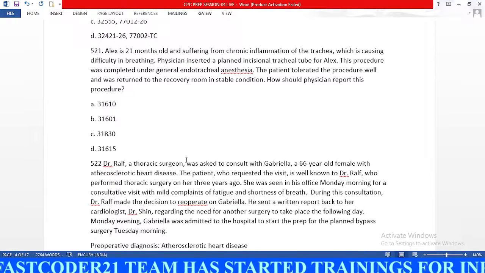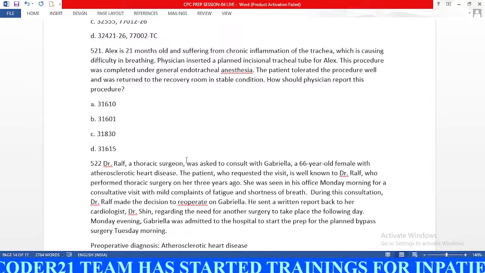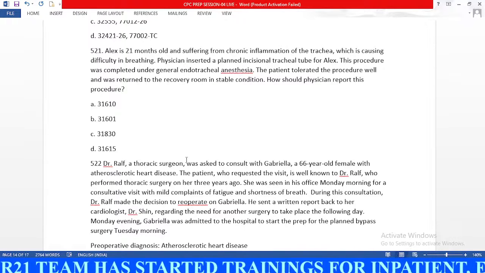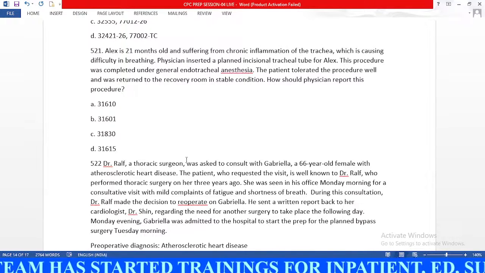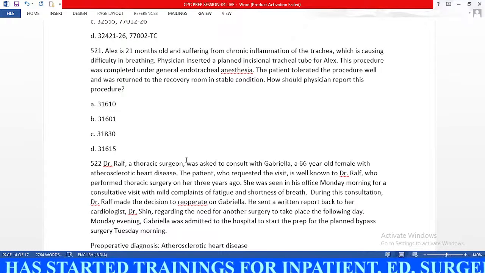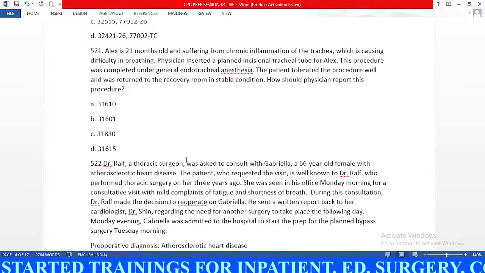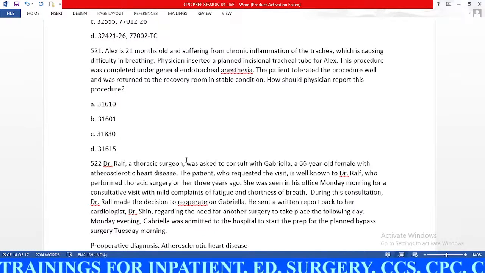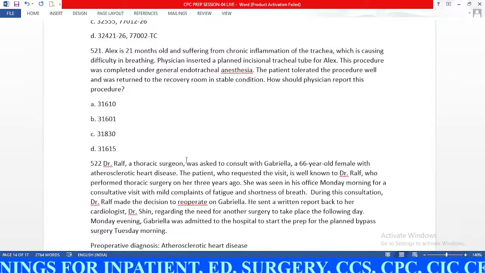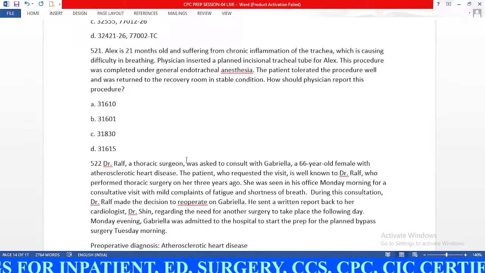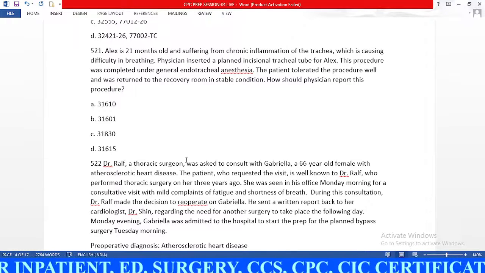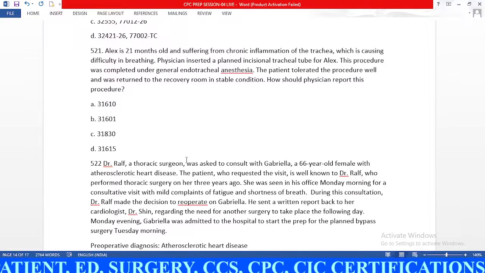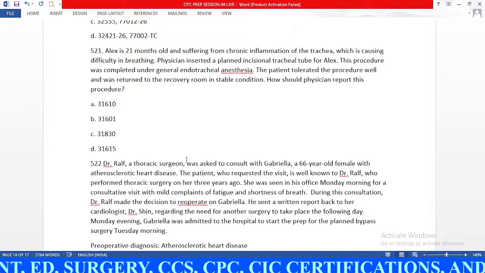This procedure was completed under general endotracheal anesthesia. The patient tolerated the procedure well and was returned to the recovery room in stable condition. How should the physician report this procedure? We have option A 31610, option B 31601, option C 31830, option D 31615.